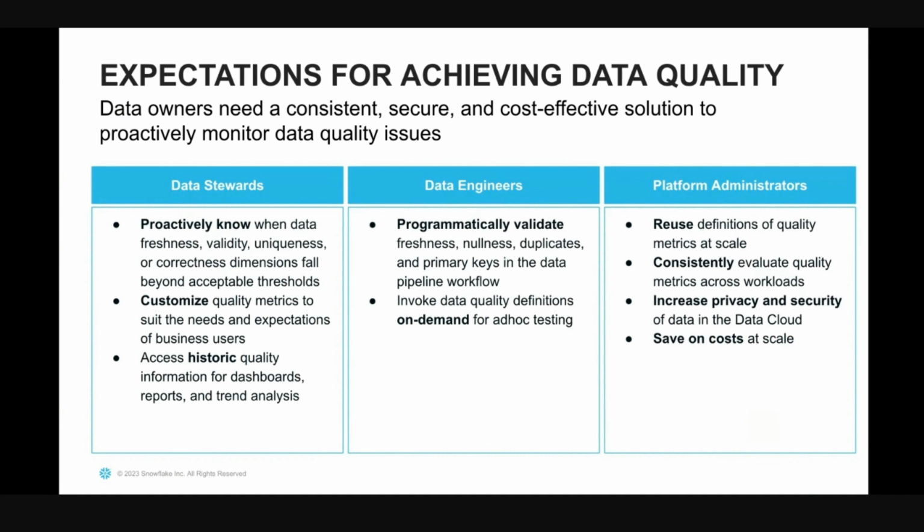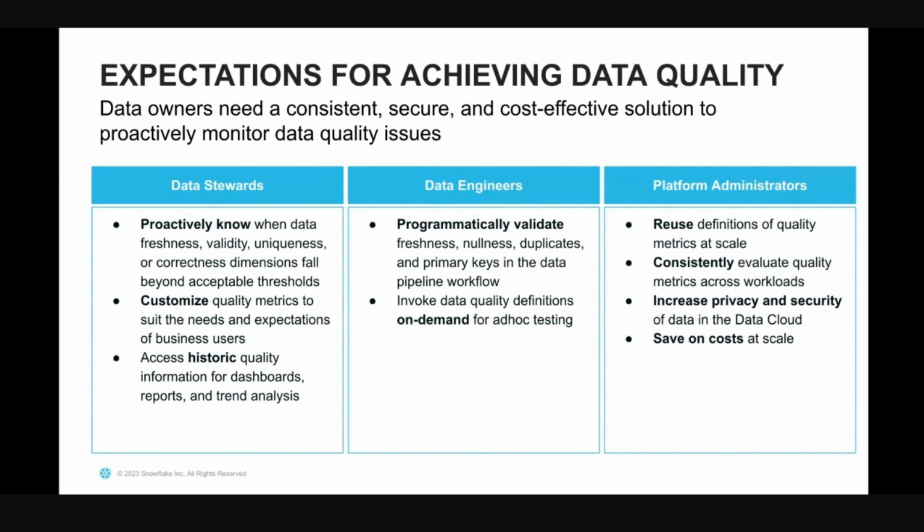Now, the governance department, data stewards for example, most of the time they tell us that they want to proactively know whether there is bad data, whether the data is fresh, whether the data is valid, is it unique. They also want to be able to customize the metrics based on the expectations of the business users. Because sometimes people will say, oh, it's not too bad, it's only 5% of it having a data quality issue.